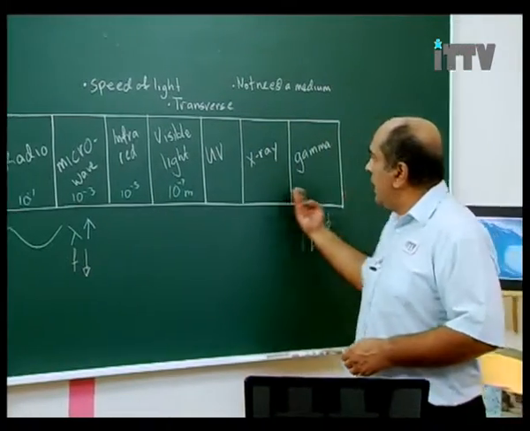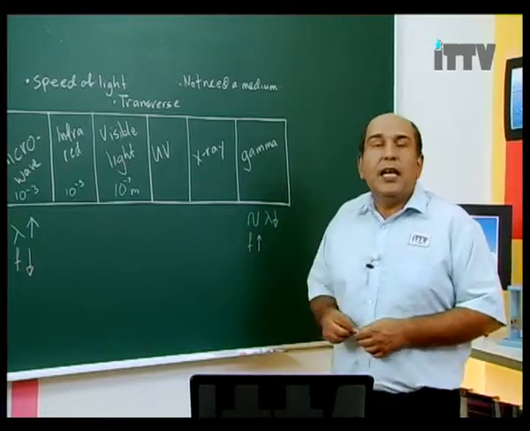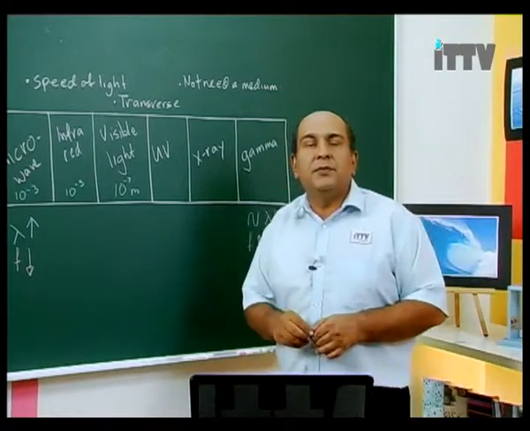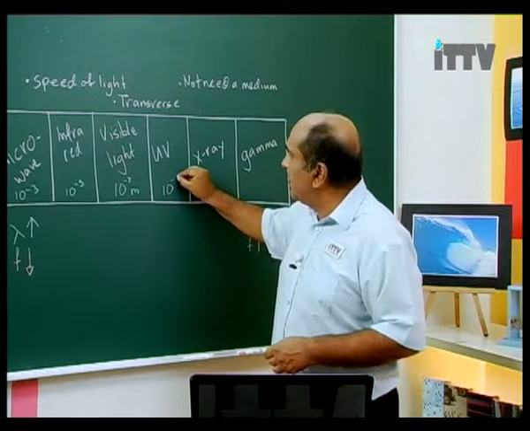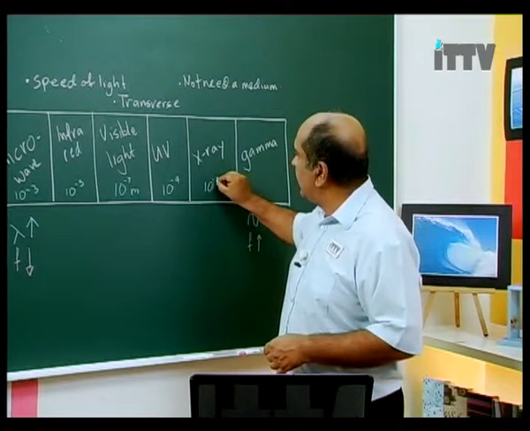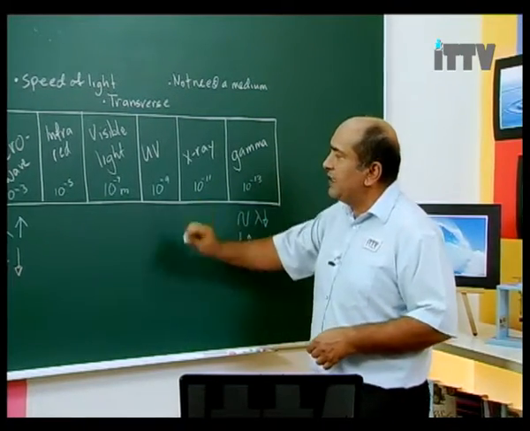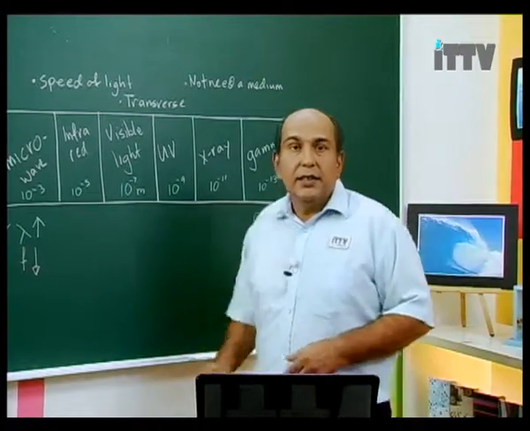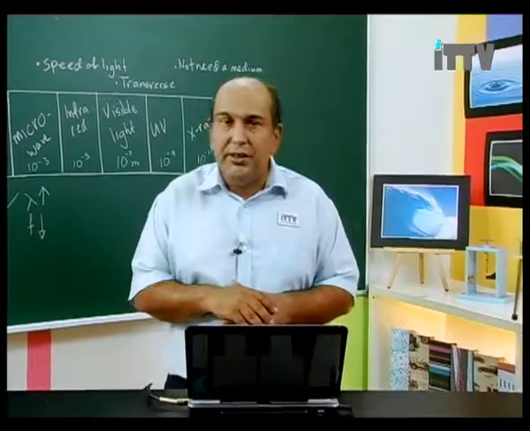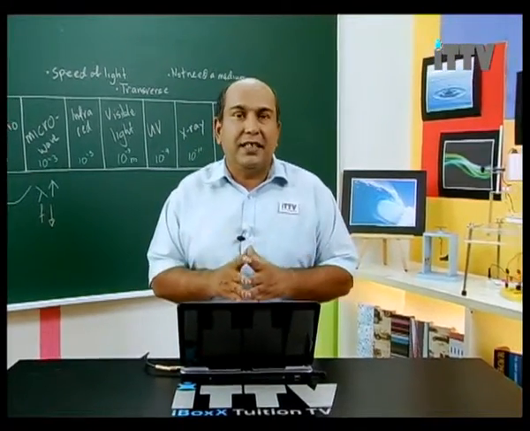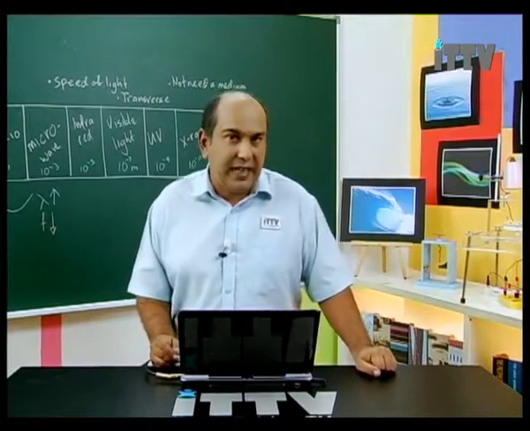And as we go the other way, it diminishes because our wavelength becomes shorter, and it moves by a similar factor. So here it becomes roughly 10 to the minus 9, 10 to the minus 11, and 10 to the minus 13. Remember, all of these are in meters. So that's how our wavelengths change. This is an approximation, so please don't take this as a fixed number, but it is an approximate value for their wavelengths.